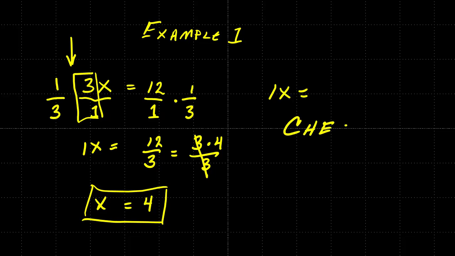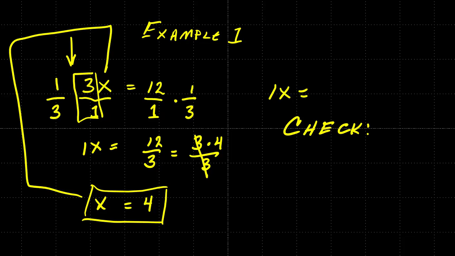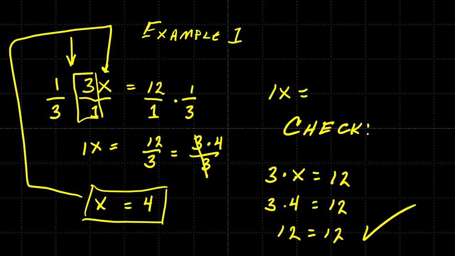All we have to do is take that value of x and put it back into the original equation right here. So that's going to be 3 times x equals 12. Put the 4 in there. It's going to be 3 times 4 equals 12. We have 12 equals 12, and that's a check.